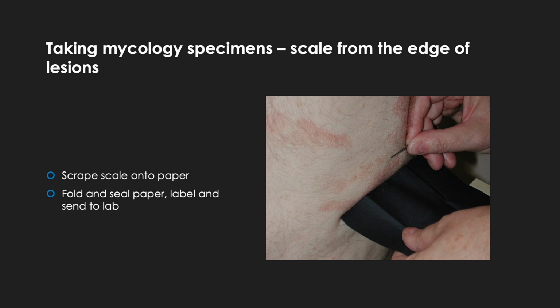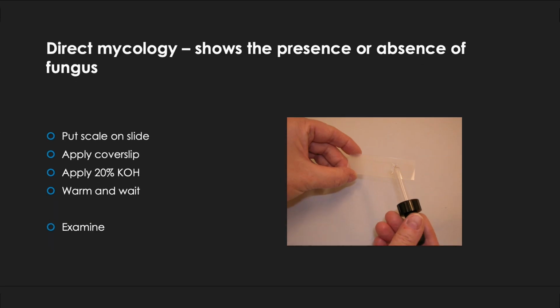And the scale can then be made to fall onto the paper. That can then be folded up and sent to the laboratory. Ideally, we use black paper. It just makes the scale more easily visible to the laboratory staff. But if you haven't got black paper, it's more important to stick it on a white paper than not to take your specimens at all.